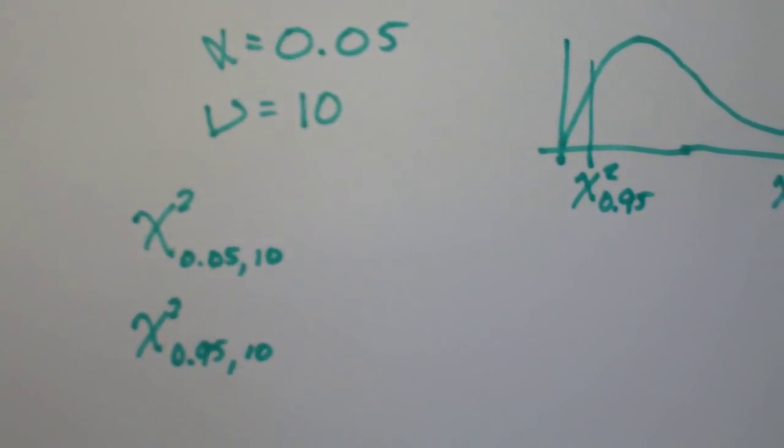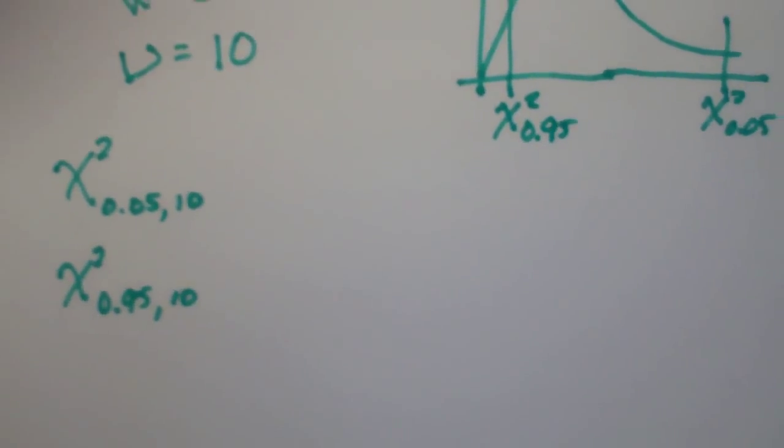Now if we look at the chi-squared table, we can see how the numbers are presented. We've got probabilities across the top, degrees of freedom down the side, and the values for chi-squared in the middle. So if I want to find at nu equals 10 degrees of freedom, and I want to find 0.95, that has a value of 3.94.